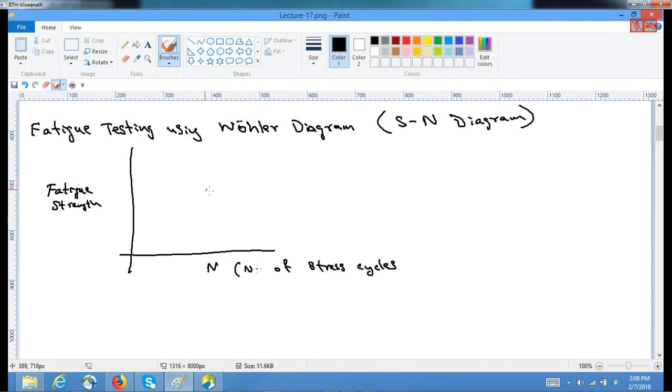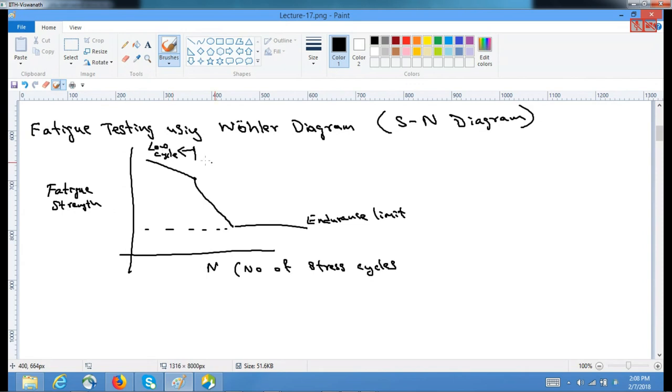And we showed that it would have something of this shape. This limit is called the endurance limit. This portion is low cycle.